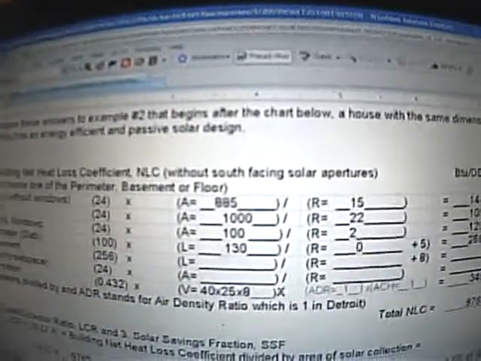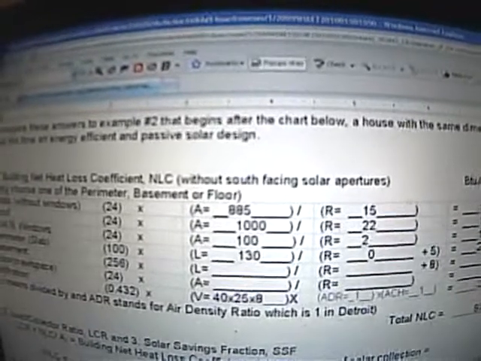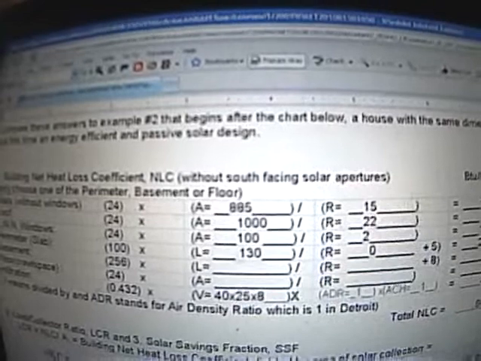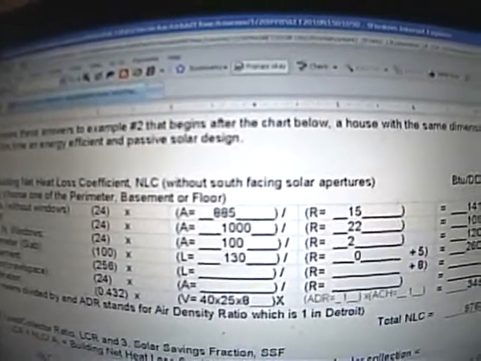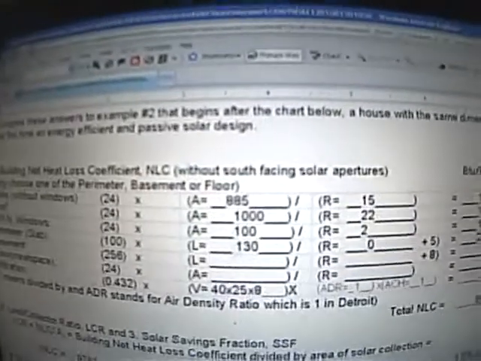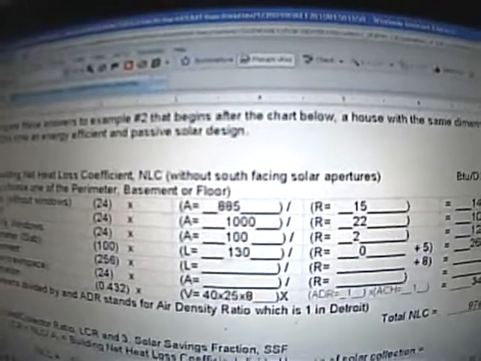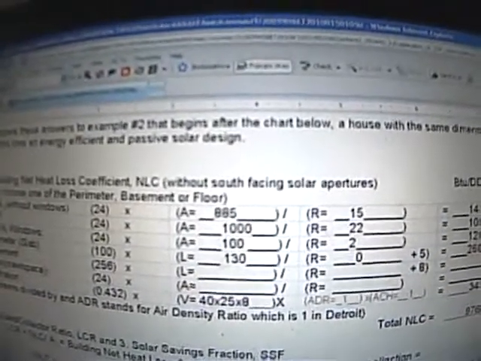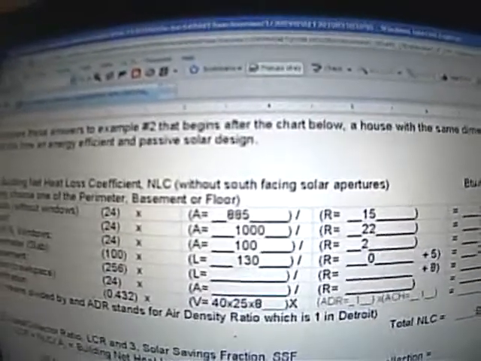So, what comes next? See the little slash there? Everything gets divided by the R value. Do you remember from the conduction heat loss equation that 1 divided by the R is the U value? So really, these equations are very similar to the U times the A times the 24.